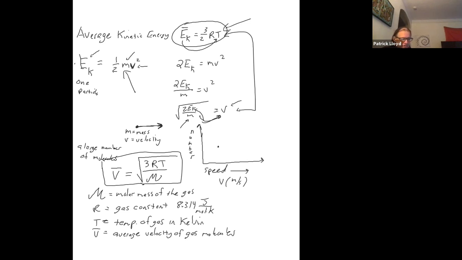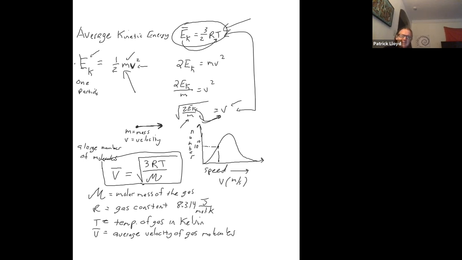You'd say, here's the number of molecules that are moving at this speed. Let's say this is like 10 to the 10th. That would mean 10 to the 10th molecules are moving at this speed right here. That would be that point. But if we have a collection of gas molecules, they're all moving at their own speeds, right? So what you get is something that looks like this.